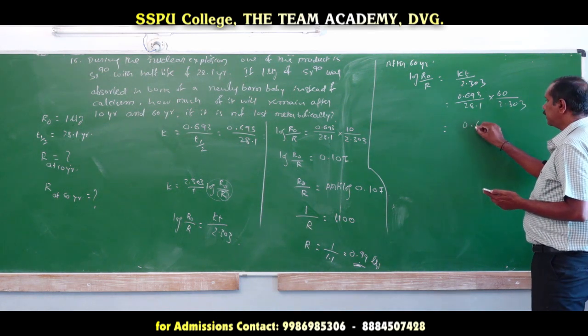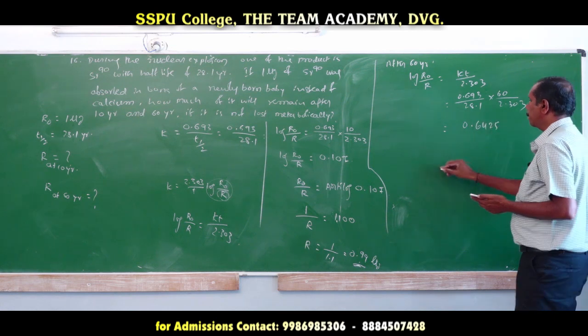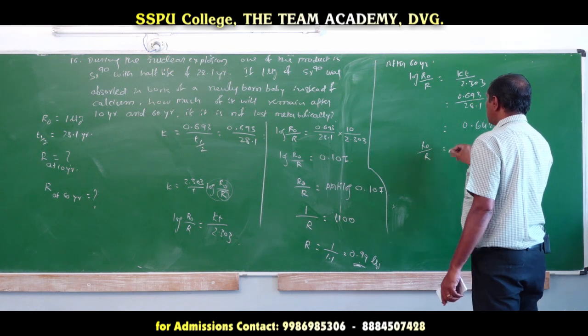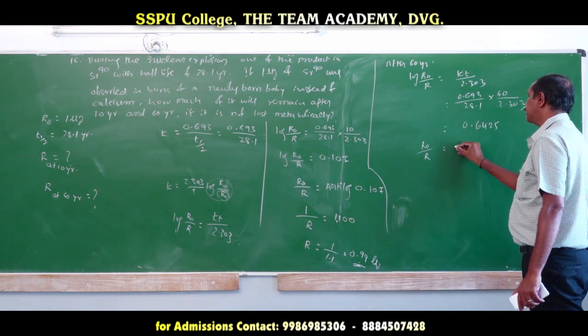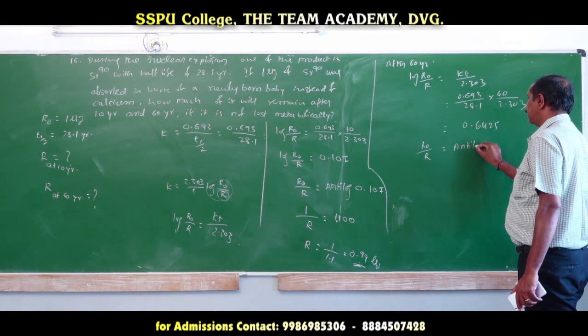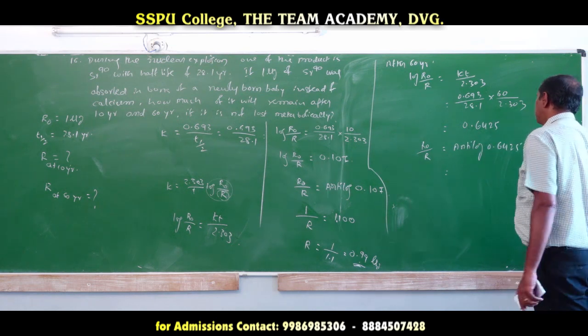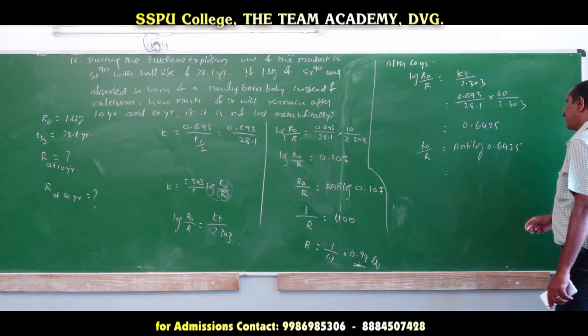So it is 0.6425. Then how to find R naught by R? R naught by R is nothing but the anti-log of 0.6425. We need the anti-log value of 0.6425.